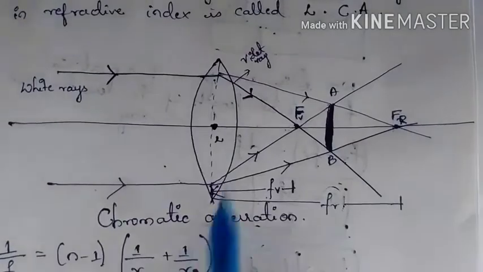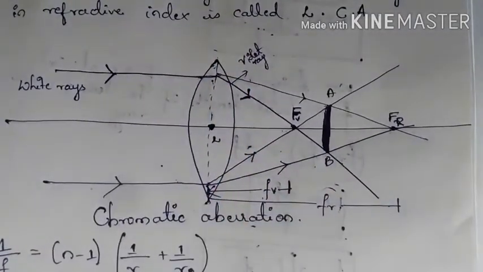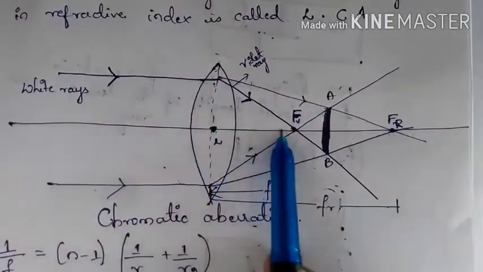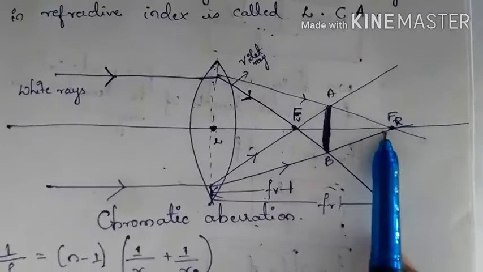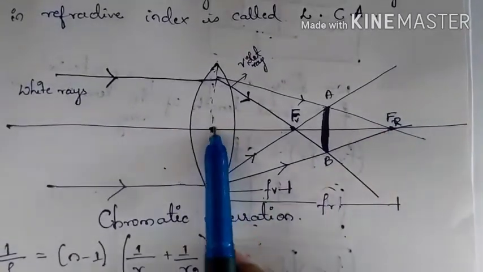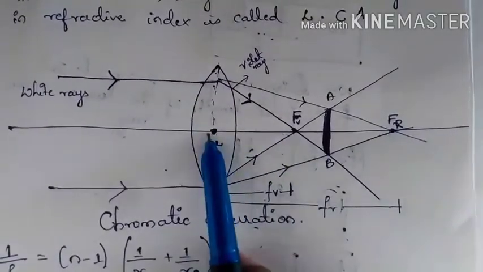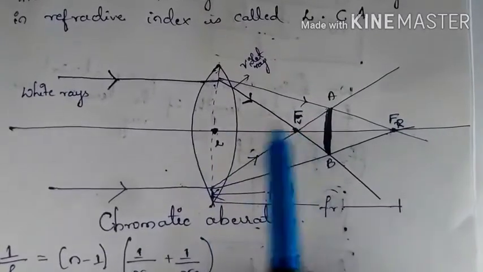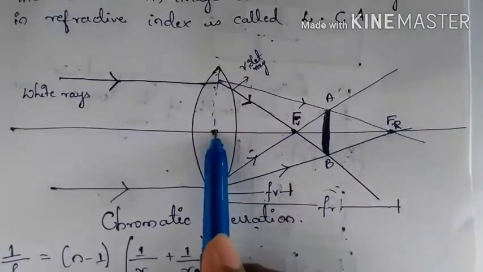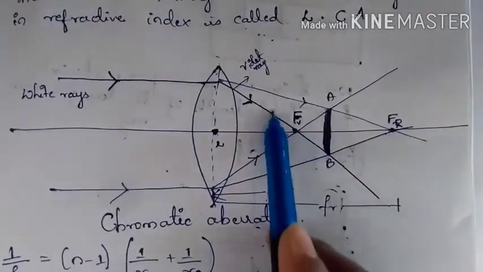From the diagram, for the convex lens, the red rays meet at a point far from the lens, whereas violet rays meet near the lens. So FV is near to L and FR is far from L, in comparison to FV.